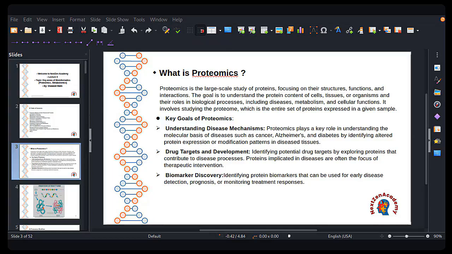What are genetic markers? STRs, SNPs, right? Understood? So we identify protein biomarkers that can be used for early disease detection, prognosis, or monitoring treatment responses.